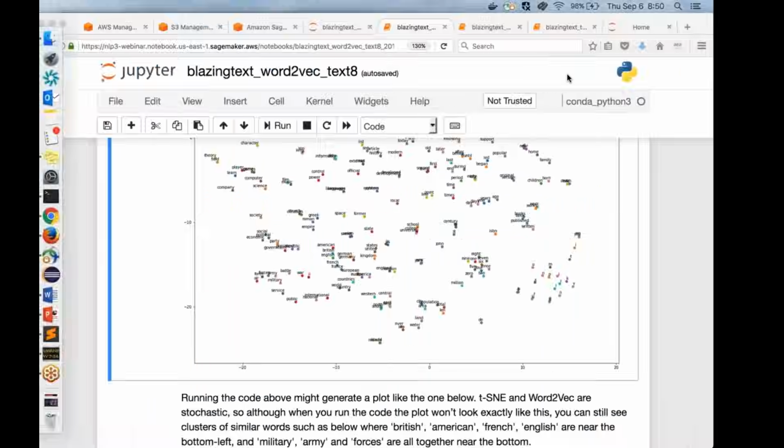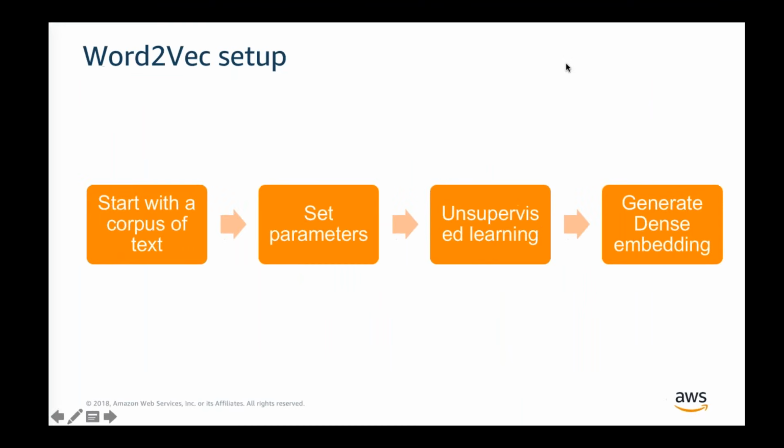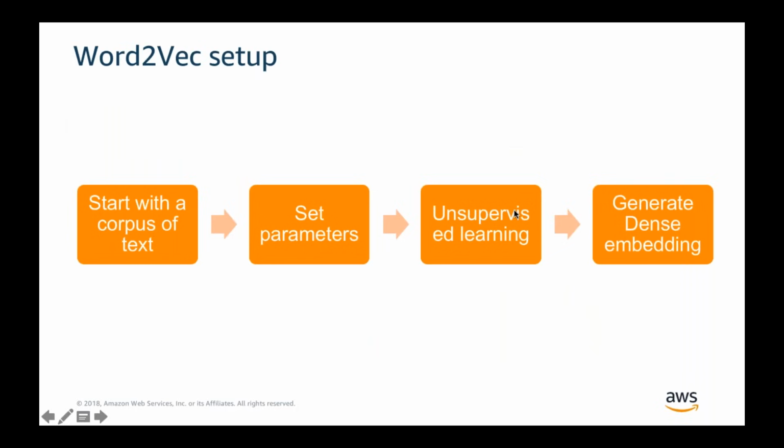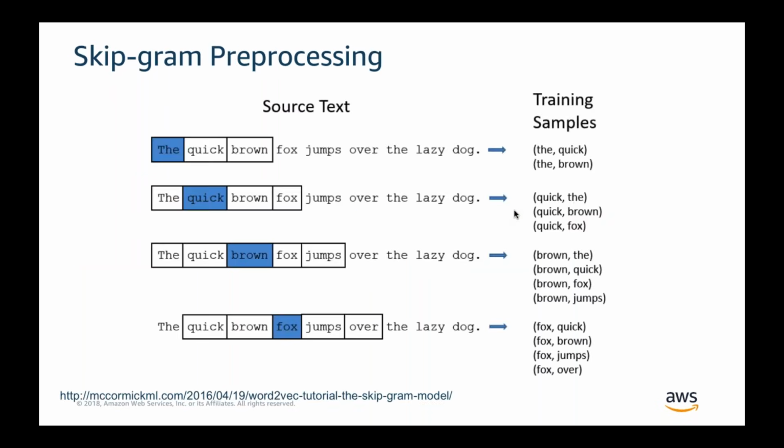And that's it. You've set up an unsupervised learning problem here, and boom, you generate the dense embeddings. So the magic is actually in the last step, right? What is this unsupervised learning problem? How do you set it up, and how do you generate these dense embeddings?